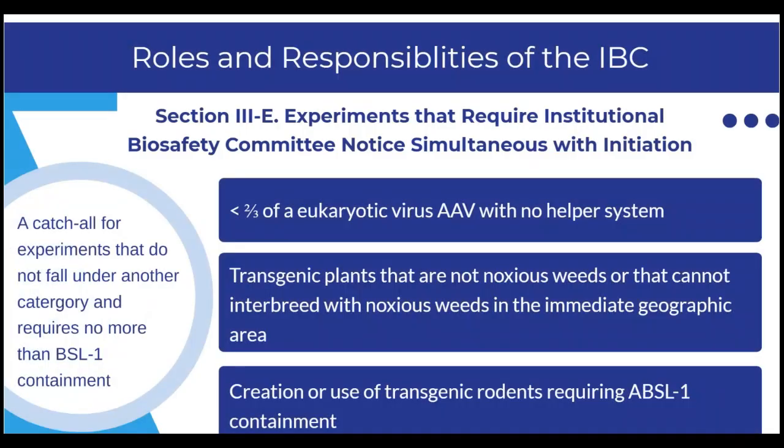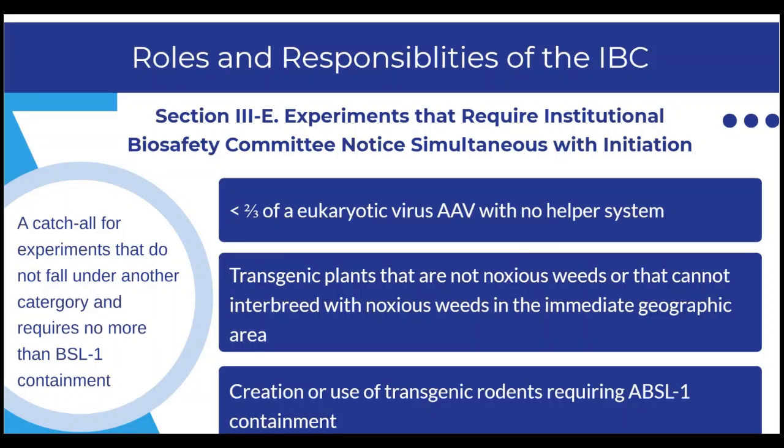Experiments in Section 3E are those that require IBC notice when work begins. Again, it is important to note some IBCs require approval before work may begin for any experiment, regardless of the classification. This section is somewhat of a catch-all for experiments that do not fall into the 3D category and are not exempt, such as using a risk group 1 AAV vector without a helper virus, or cloning GFP into certain bacterial strains.